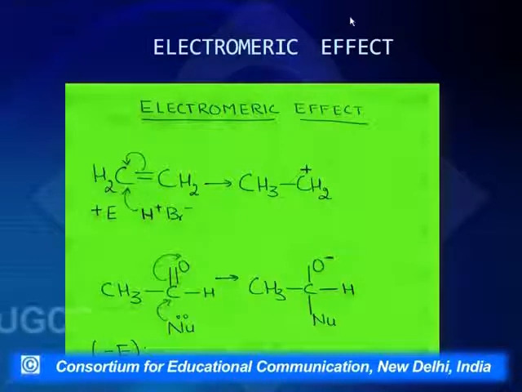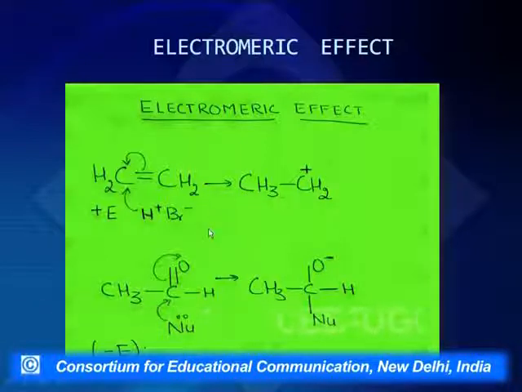For example, what we see here is that when hydrogen approaches this pi bond, these electrons move towards this carbon, and what I have shown here is that this hydrogen is forming a bond with the carbon to which the electrons are moving. So we call this effect electromeric, and it is the plus E effect. That is, the reagent is forming the bond with the same carbon towards which the electrons are moving. So this is the plus E effect.